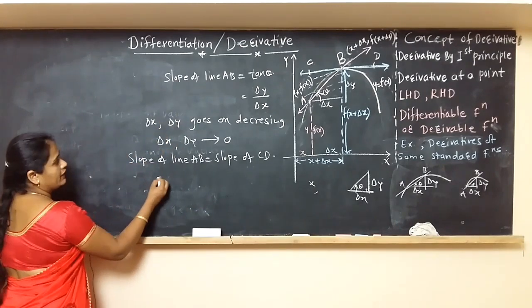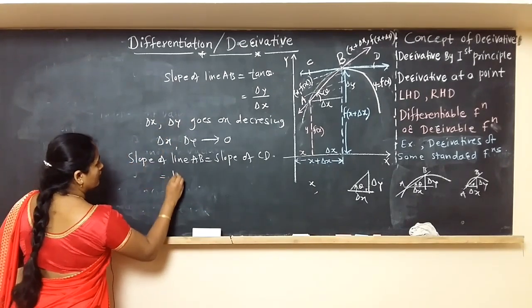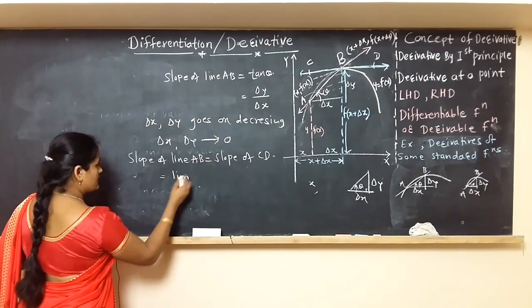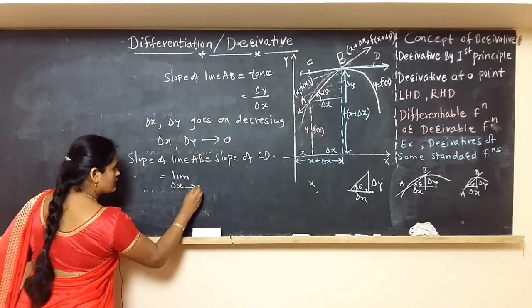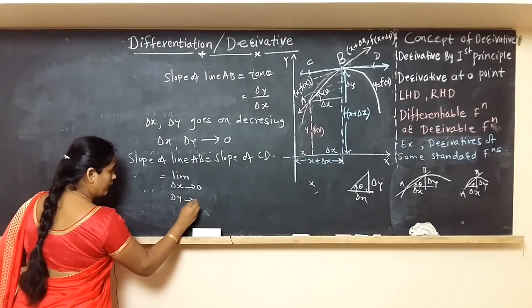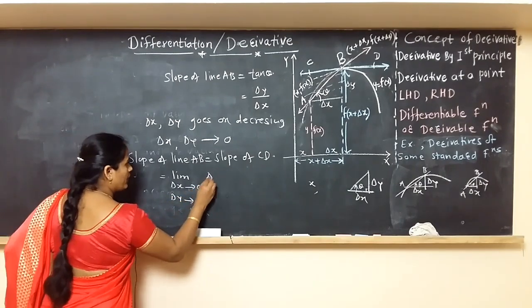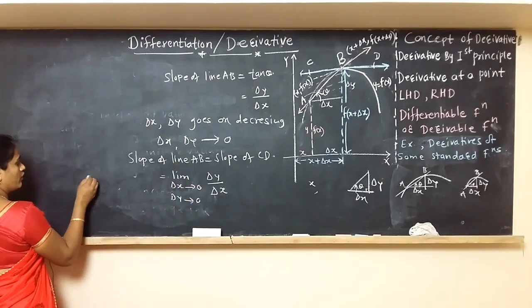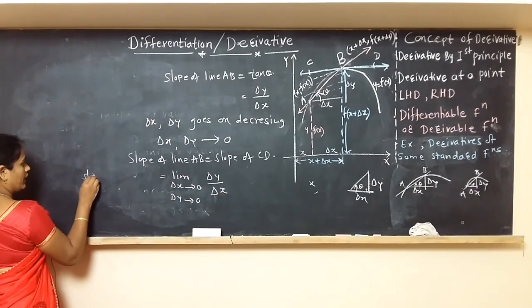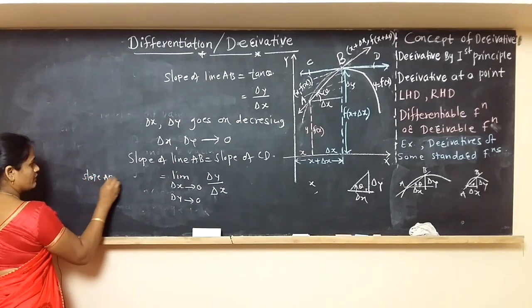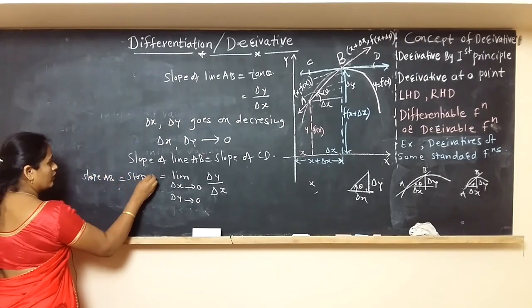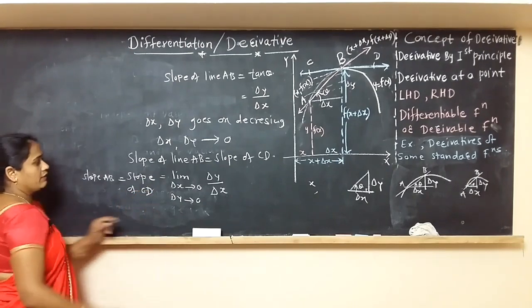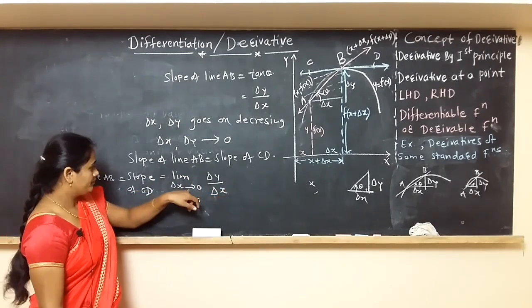The slope of line AB, in the limiting case where delta x tends to 0 and delta y tends to 0, becomes delta y by delta x, and that is the slope of AB as well as the slope of CD. They are given by this formula.